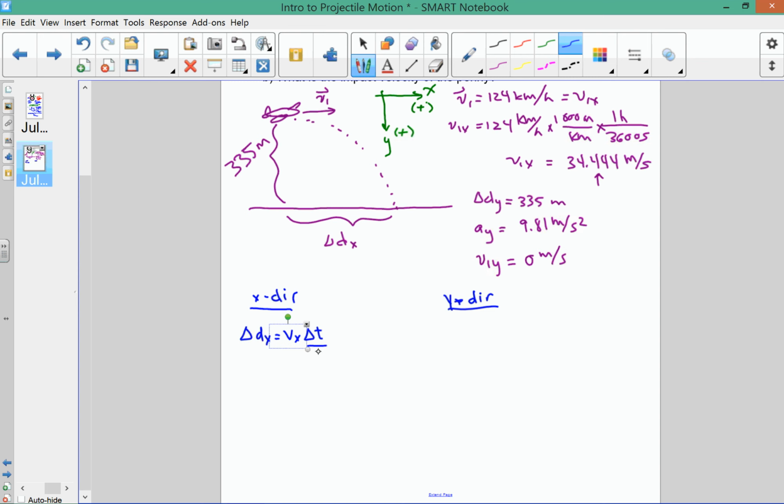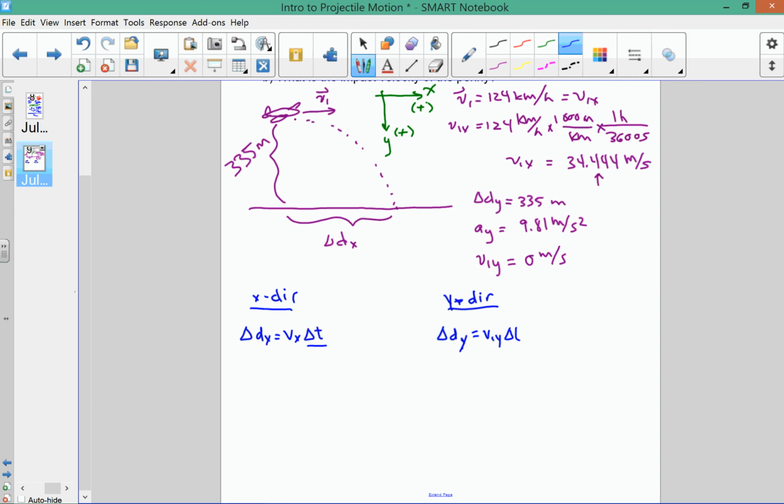So I'm probably going to need to solve for time before I can solve this very easy equation. Now in the y direction, I know delta dy, I know the acceleration in y, I know the initial velocity in y. One of the things I don't know is time. That's what I actually want to find. Now here is the equation I want to use.